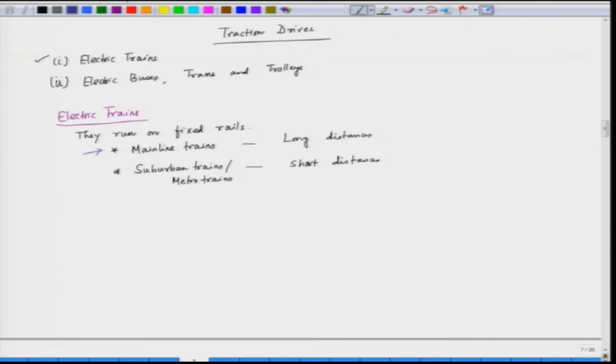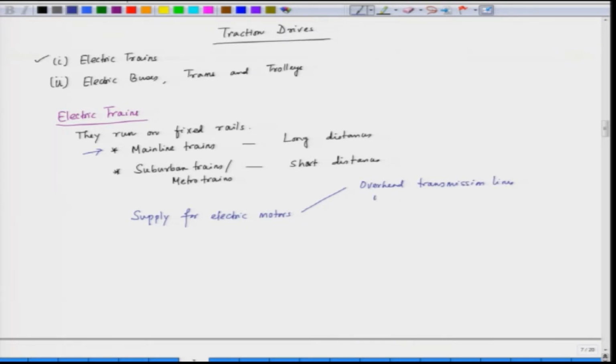In the main line trains, the supply systems are as follows. If we talk about the supply for electric motors, we can have overhead transmission lines.